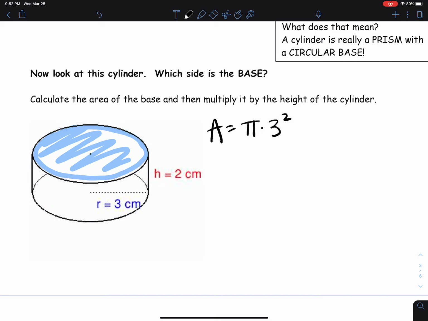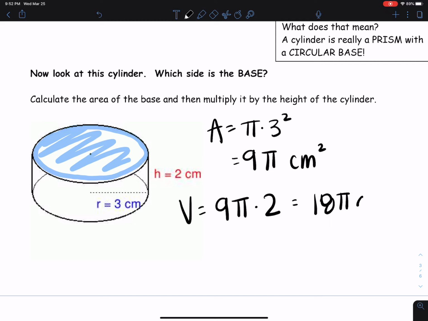We know r is 3, so this would just be 9 pi. And we know that's centimeters squared. So to find the volume, we do 9 pi times 2, which gives us 18 pi centimeters cubed. And that is the volume of that cylinder.